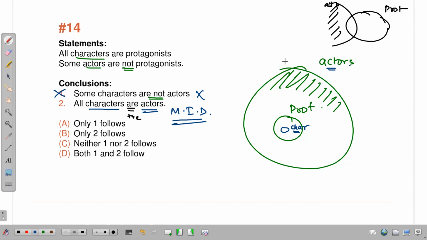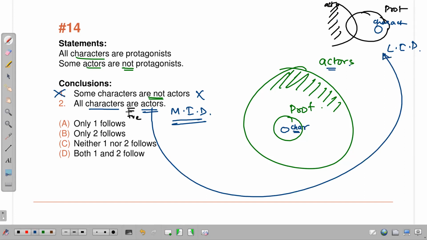And then all of the characters are protagonists, so all of the characters can be here. Now, can you say in this case all of the characters are actors? Definitely not. So this I checked at LID. Why? Because this is a positive claim. Both the claims are not true and therefore C.